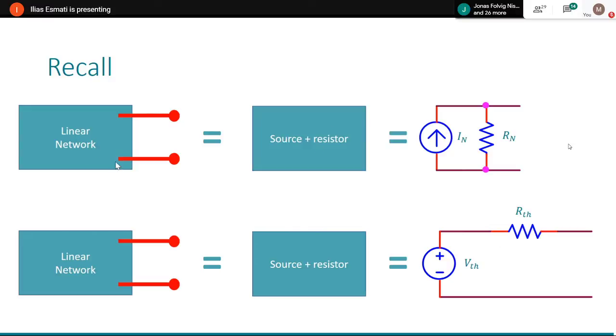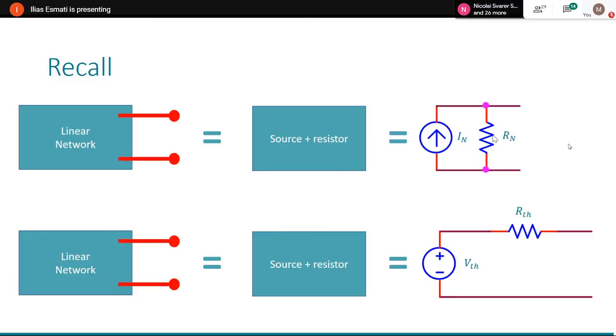A linear network is, again, imagine you have a complicated circuitry shielded in a box, and the only thing that you have access to is the 2 ports, just the 2 leads or the 2 wires coming out of that. But we have learned on previous lectures how to model this one. The way we could model that one is that it's only a source and resistor.